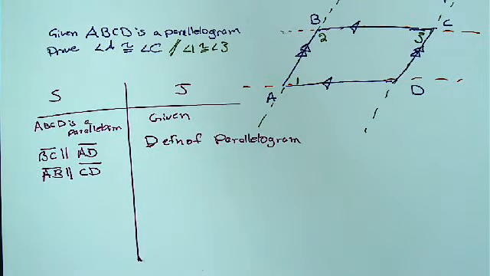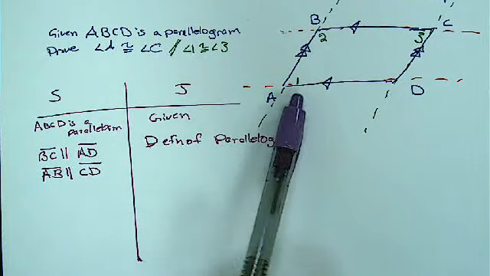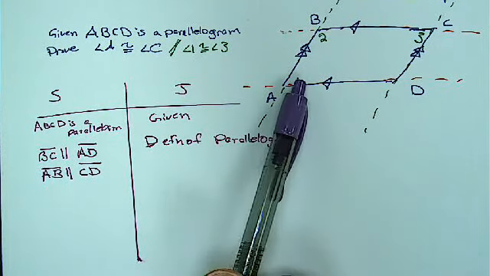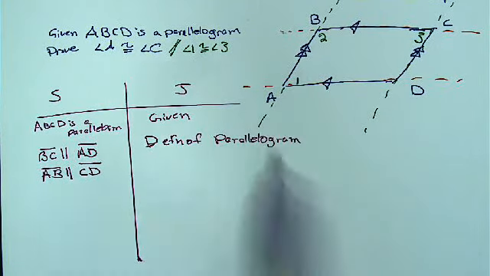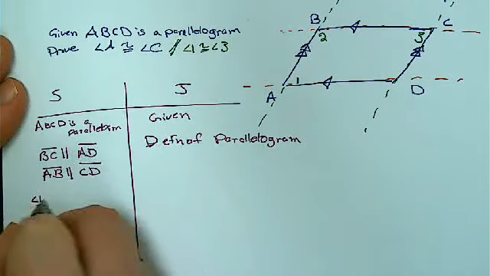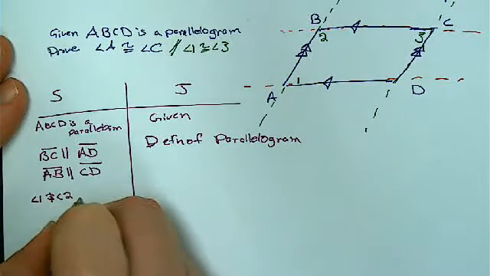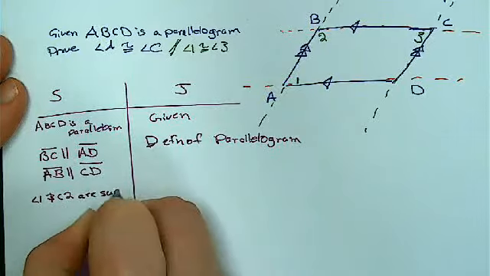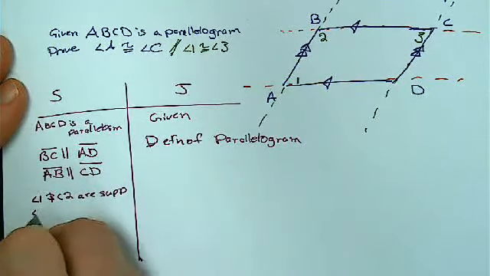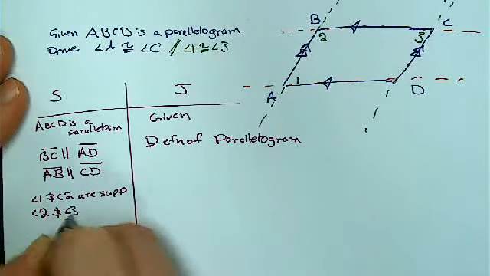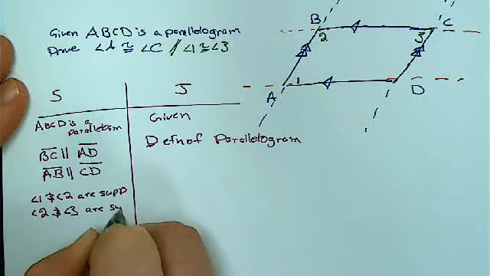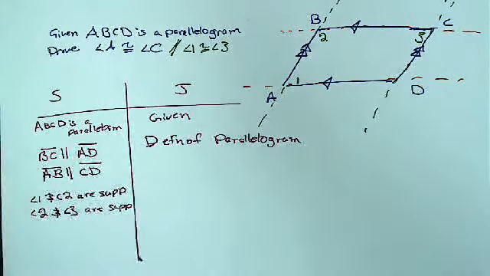And having got that into play, what was the rule again that we used with 1 and 2? They're supplementary. Angle 1 and angle 2 are supplementary. And while I'm at it, I'm going to write down that 2 and 3 are too. What rule says that I can do that?